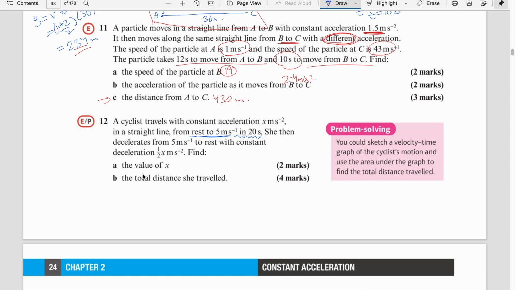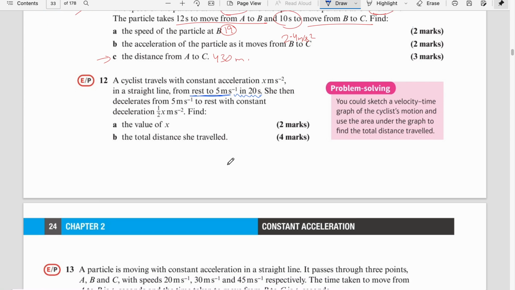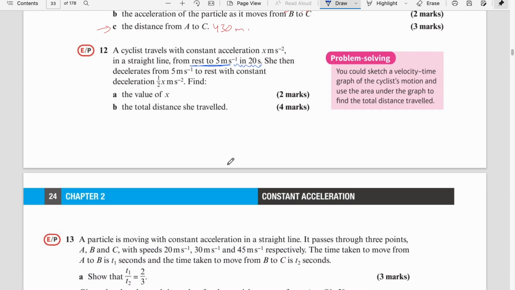Find the value of x. Okay, so first we need to find x. From 0 to 5 in 20 seconds.